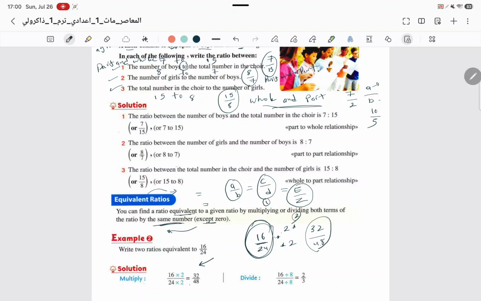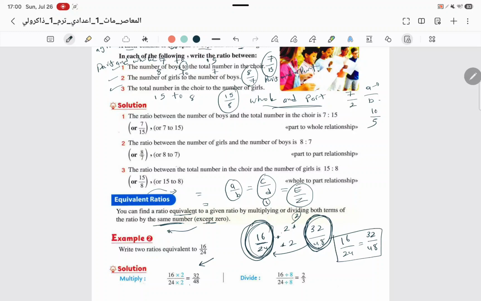Okay, and that ratio is equal to this ratio. So 16 over 24 is equal to 32 over 48.